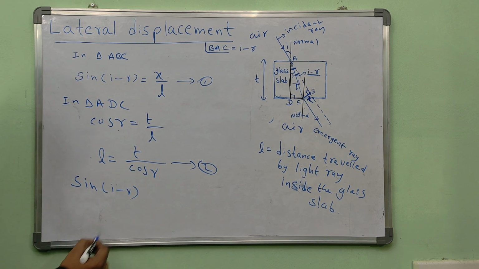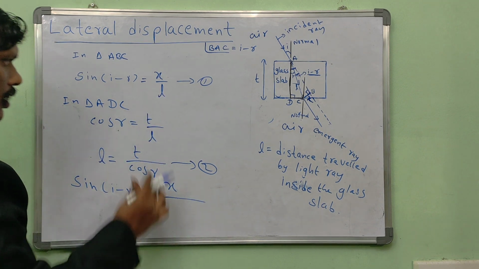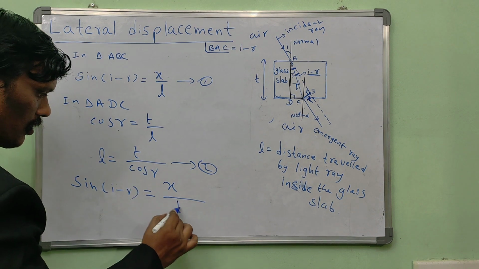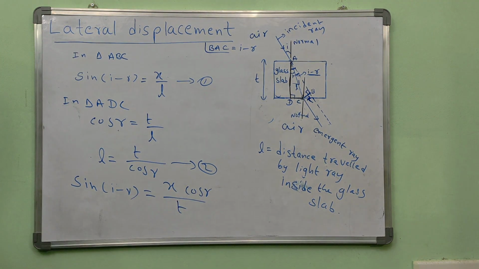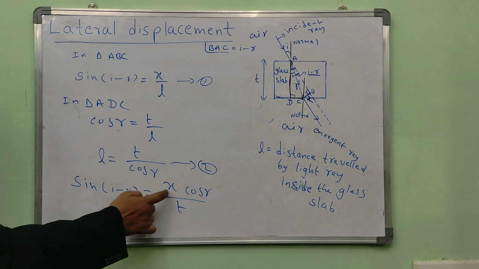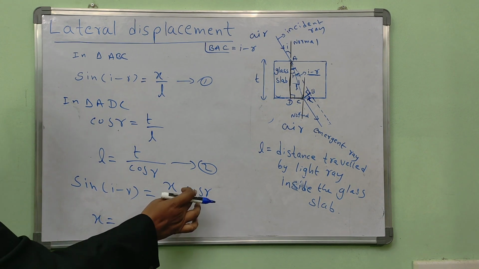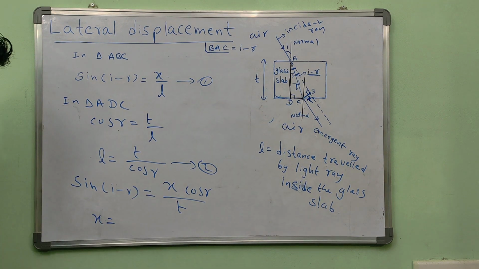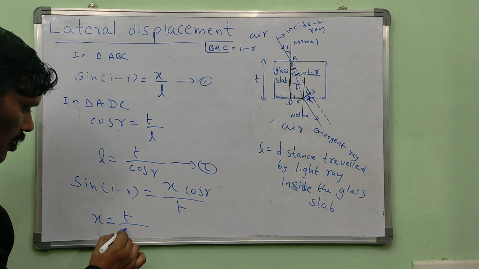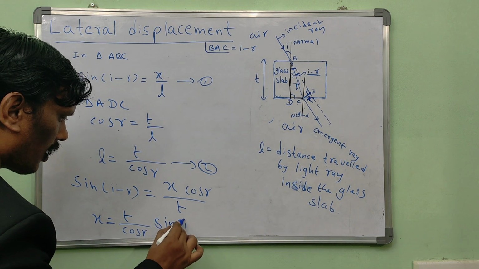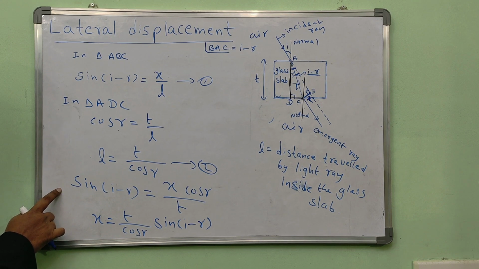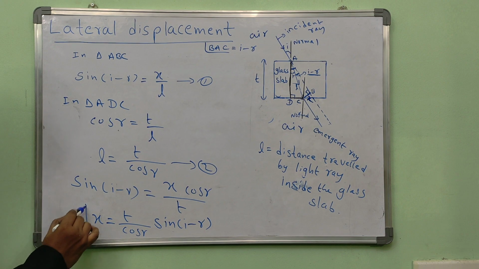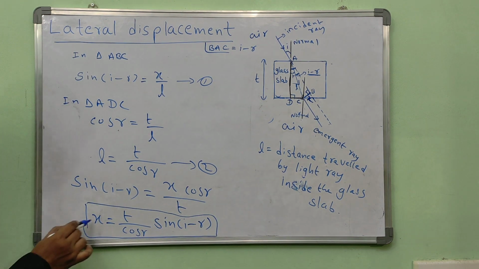Sin of I minus R is equal to x upon L, and L from equation 2 is T upon cos R. That cos R goes to the numerator, so sin of I minus R is x cos R by T. I require x. Cos R by T is transposed to the sin of I minus R side as its reciprocal, so x is equal to T by cos R into sin of I minus R. So this is the equation for lateral displacement, where x is the lateral displacement.